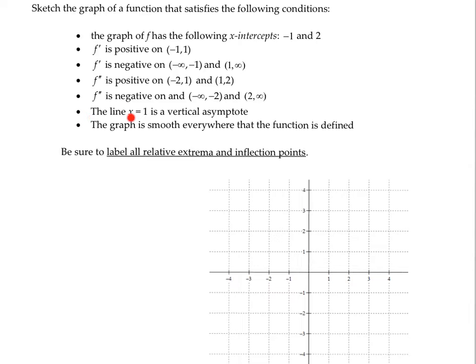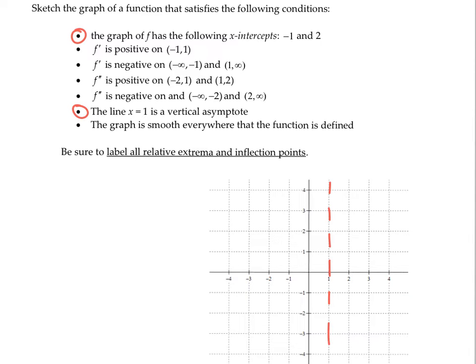Ooh, we have the inclusion of a vertical asymptote, and the graph is smooth everywhere the function is defined. This means that the function will be smooth everywhere except where there is the vertical asymptote. So we can get the x-intercepts in here, and we can get the vertical asymptote in here.